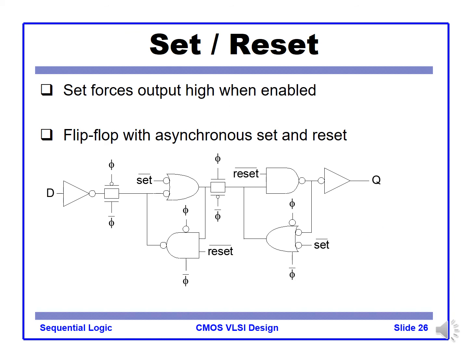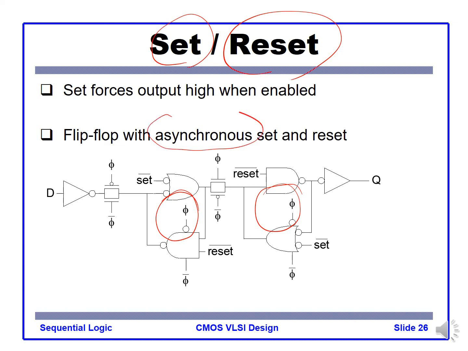This flip-flop has the capability of both set and reset. We can set the flip-flop to high or reset to 0. As you can see, the set and reset control signals go inside this SR latch loop, the latching core loop, so that we can do that asynchronously.